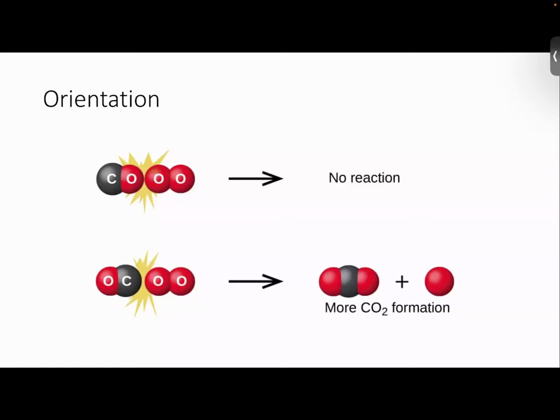In the second example, however, the carbon of the carbon monoxide molecule reacts with the oxygen. Since the carbon is reacting with the oxygen, it can cause the reaction to occur, and so we wind up forming carbon dioxide and a free oxygen atom.